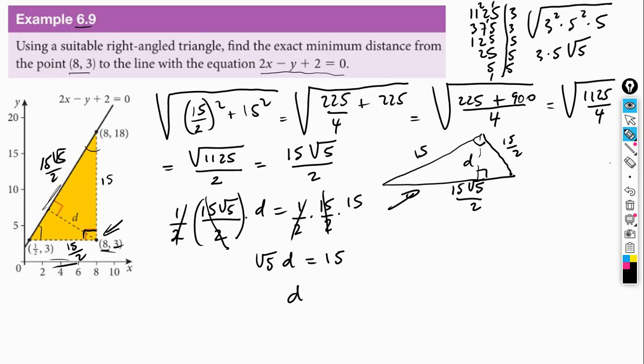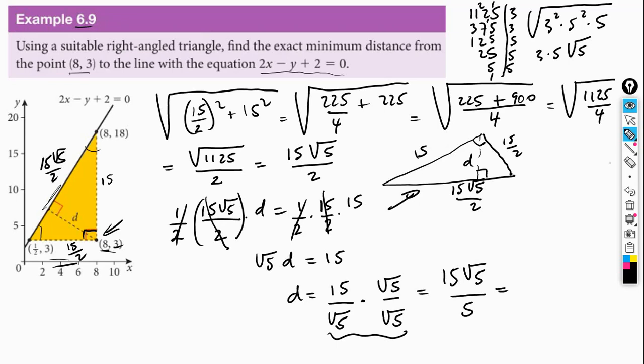And then D is equal to 15 over the square root of 5. But you never want to answer with a radical or a root in the denominator. So we need to multiply this by square root of 5 over square root of 5, which is the same as multiplying by 1, but it gives us the advantage that we will be able to take this part out of the square root. So we have 15 square root of 5 divided by 5, and then finally we get that D is equal to 3 square root of 5.